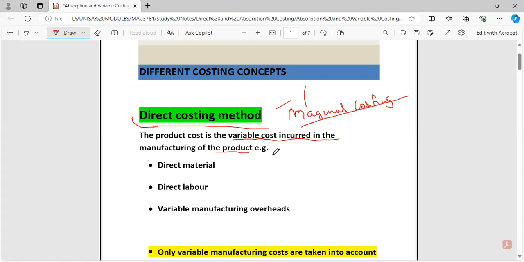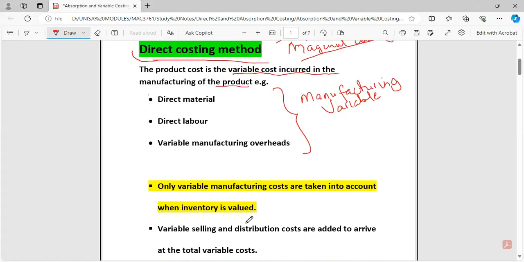And when you look at variables, you must also take note of manufacturing variables and non-manufacturing variables.